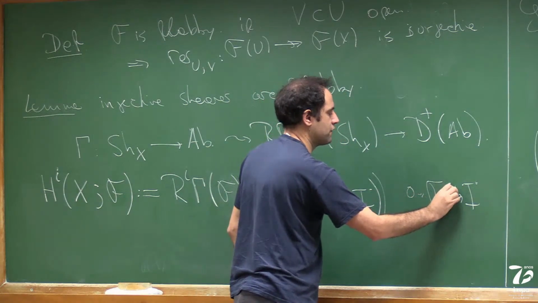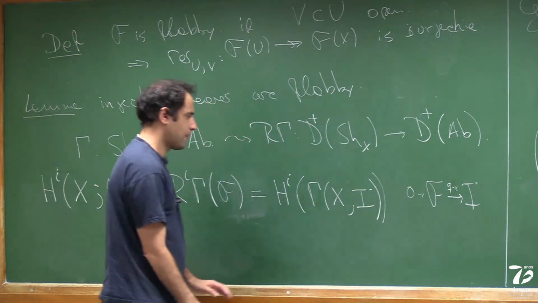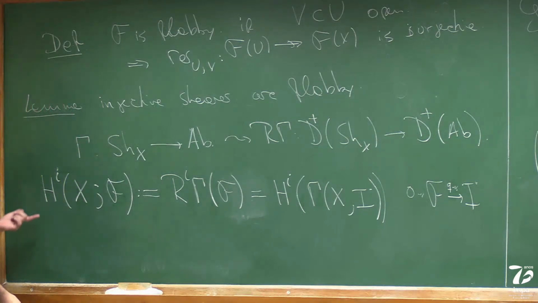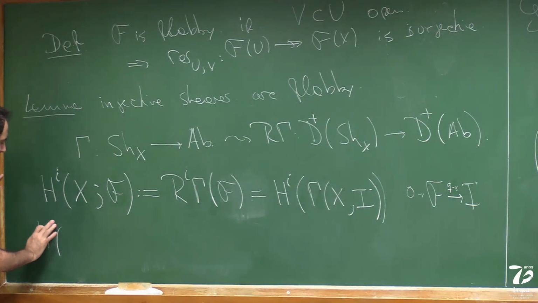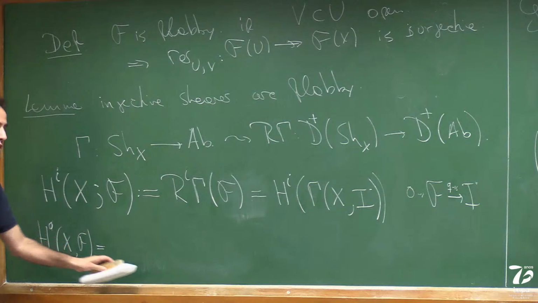This is a quasi-isomorphism. But in particular, out of this, we know that H0 of XF is just the functor gamma, which is left exact.